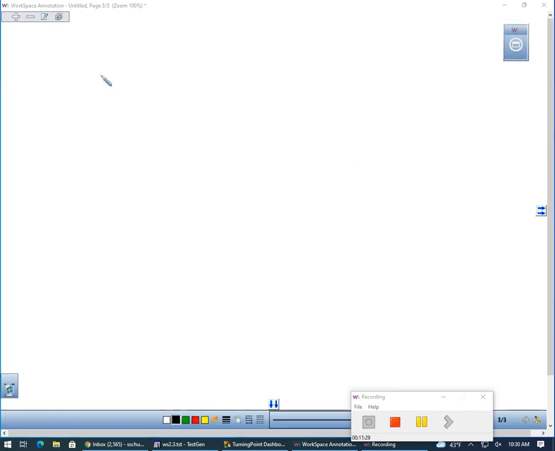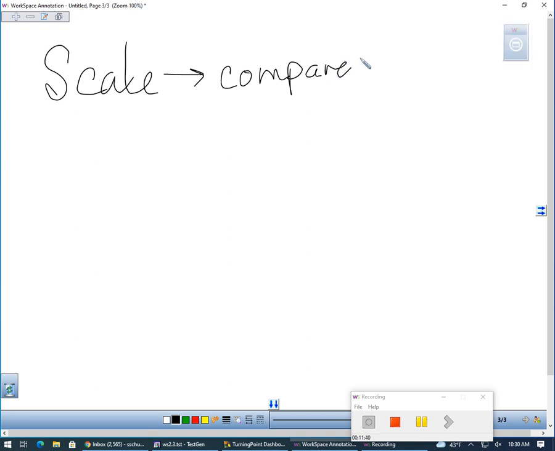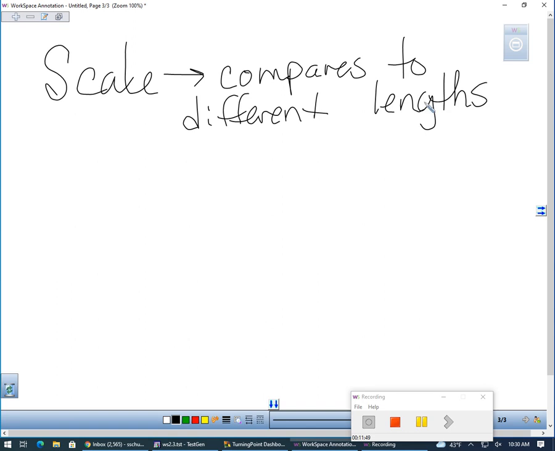Next thing I want to talk about is scale. Scale was one of our vocabulary words. A scale compares two different lengths. And a lot of times we use this on a map, right?